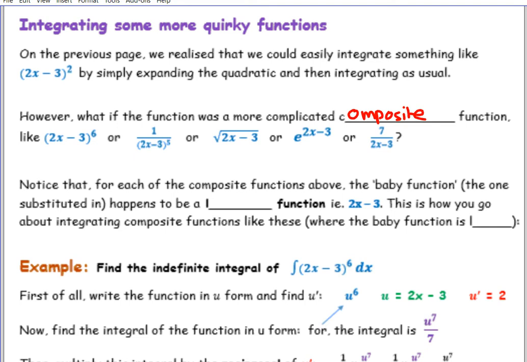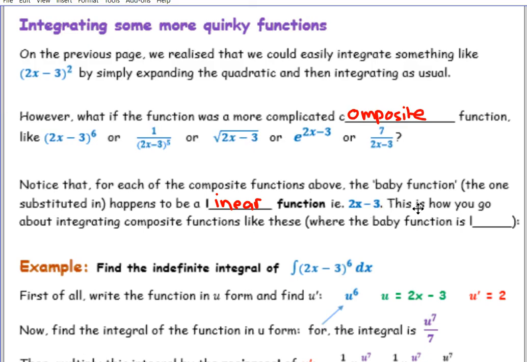What kind of function is the one that was subbed in each of those examples? Linear. Yes, so notice that each time, in my example, I subbed in a linear function, i.e. 2x - 3.